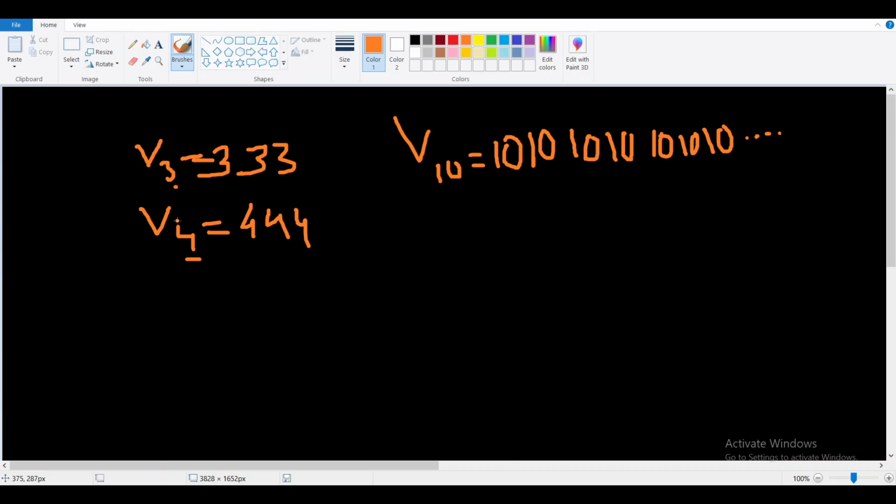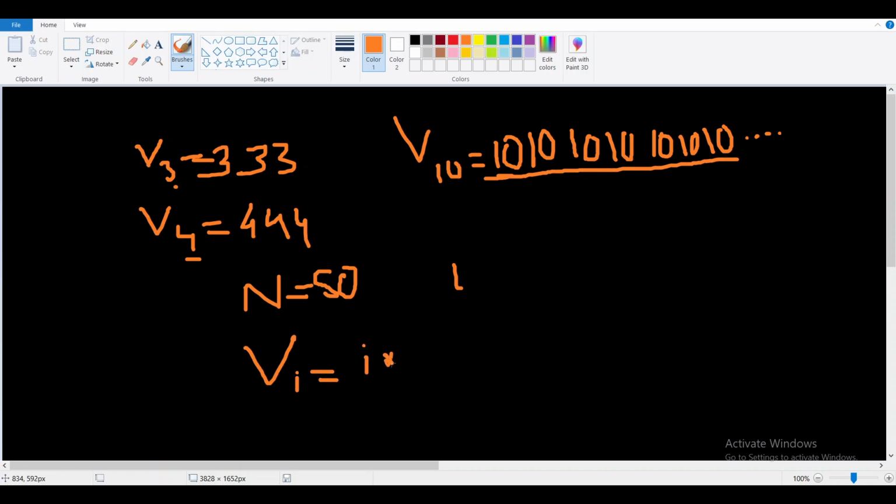The brute force solution is to concatenate n number of times, but it is not possible with the current constraints. The length of Vi is nothing but i times the length of i, where the length of i means the number of digits in i.